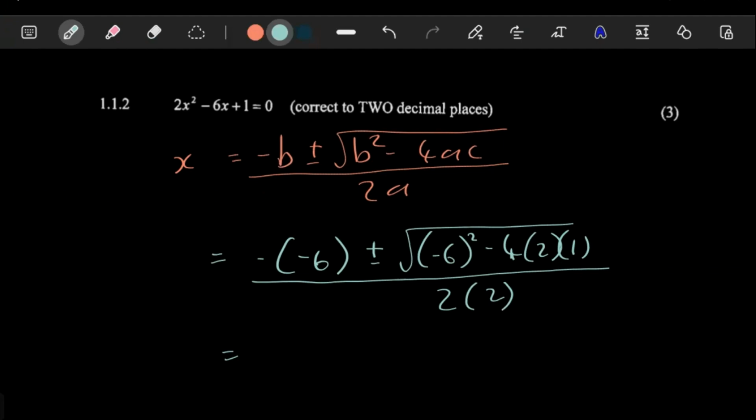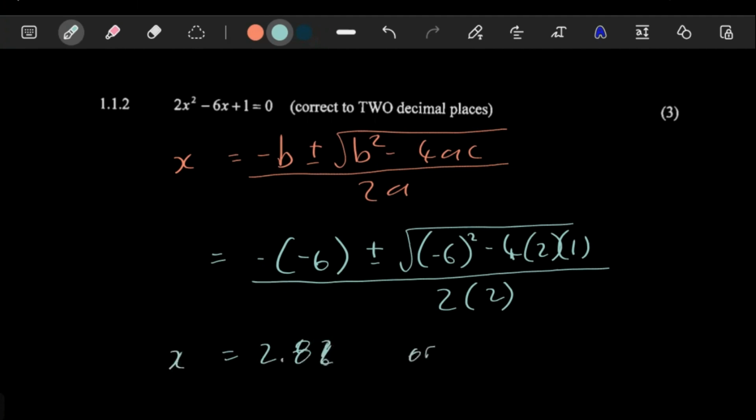Minus -6 plus the square root of -6 squared minus 4 with 2 and 1 here, the whole thing over 2 times 2. So this is giving us 2.82. That's the first answer.